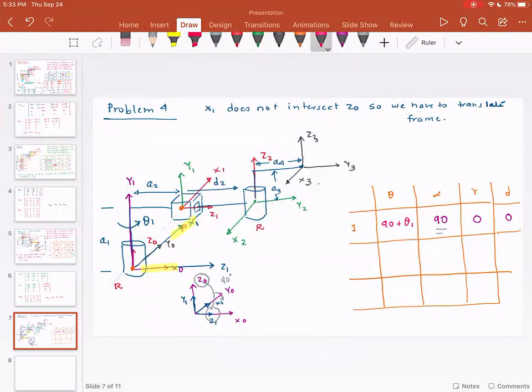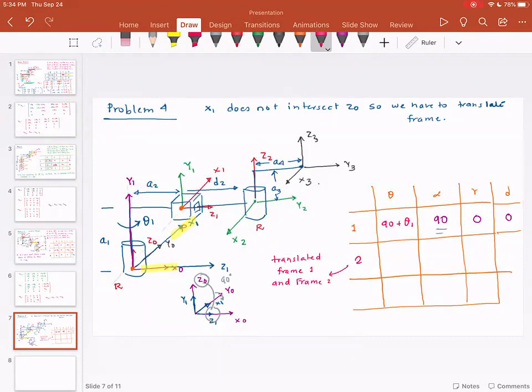Now moving on to frame 2. Now I'm interested in finding the rotation between frames. I have to look at the translated frame 1, so this is between translated frame 1 and frame 2.